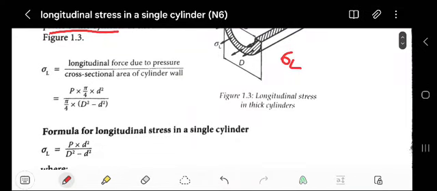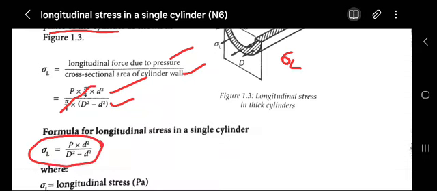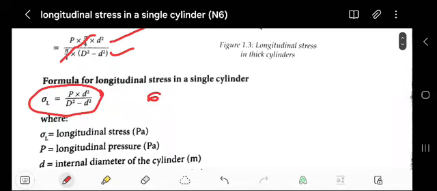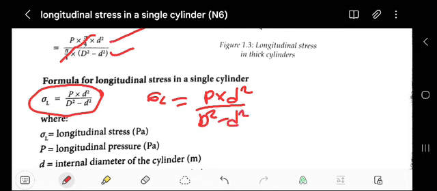Longitudinal stress is equal to the longitudinal force due to pressure over the cross-sectional area of the cylinder wall. Here they've substituted for us, then pi over 4 and pi over 4 will cancel. Then our final formula is that one: P, the pressure, multiplied by d squared over D squared minus d squared, where d is the inside diameter and D the outside diameter.